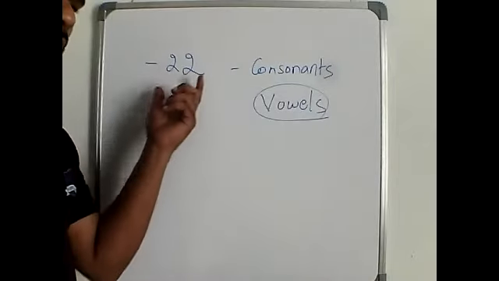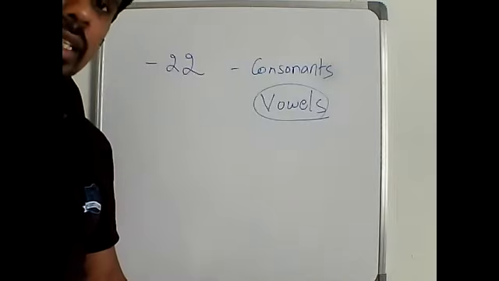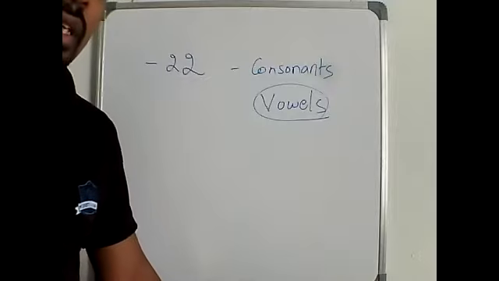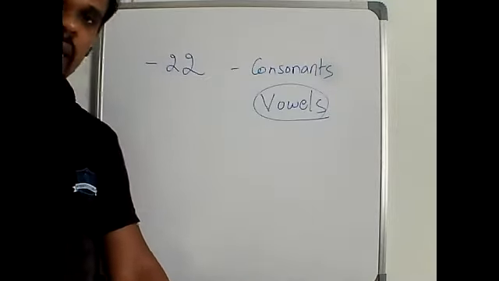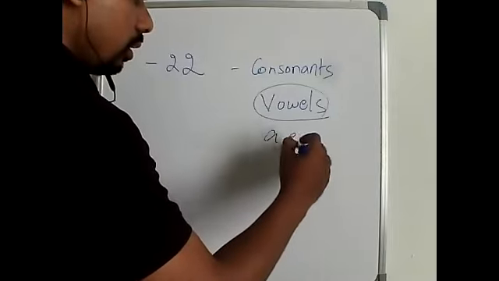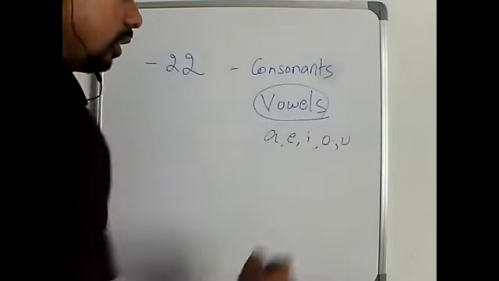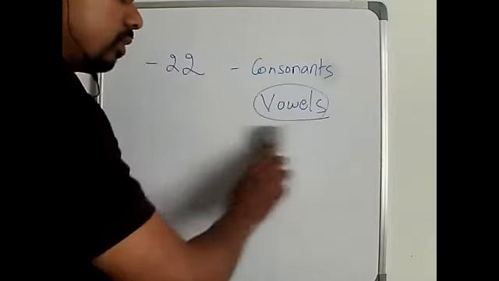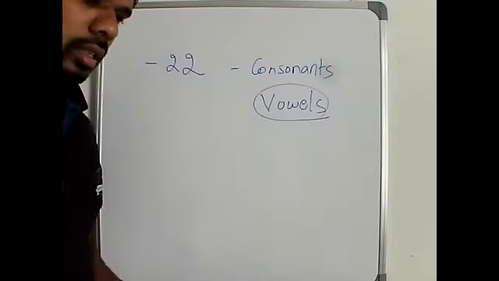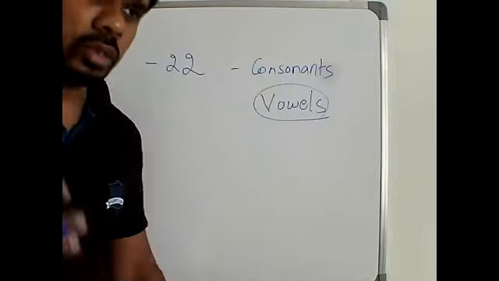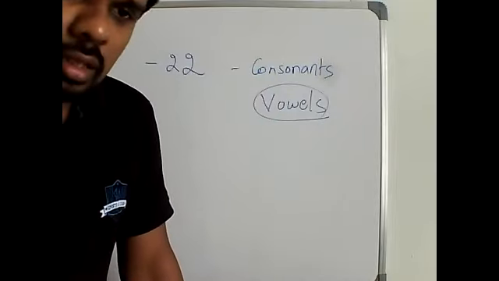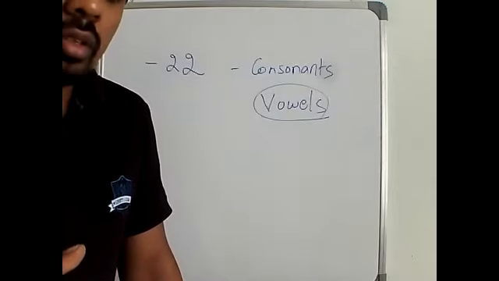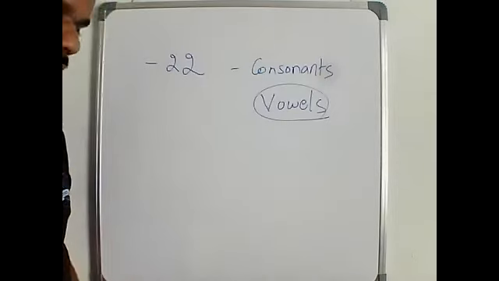These 22 letters are consonants, like B, C, D, F, G, H. In English we have 26 letters, and in that we have vowels: A, E, I, O, U. These are English vowels. Likewise, in Hebrew, there are different vowels, and we will be looking at that: how to pronounce the vowels, and how the vowel gives different sounds when it comes in a word.